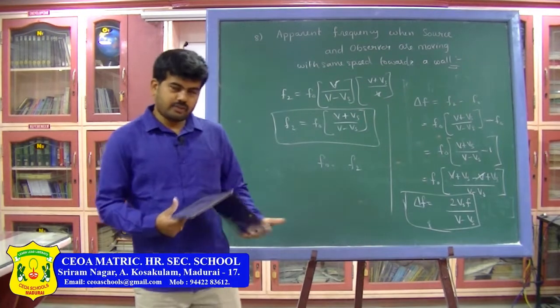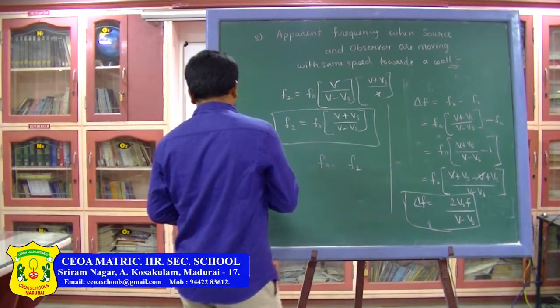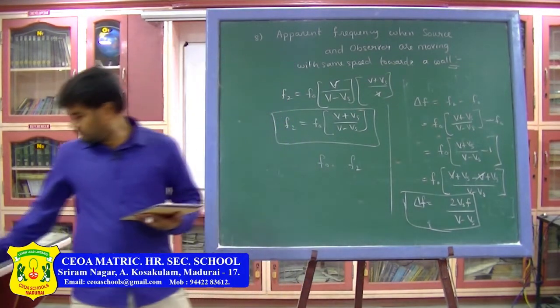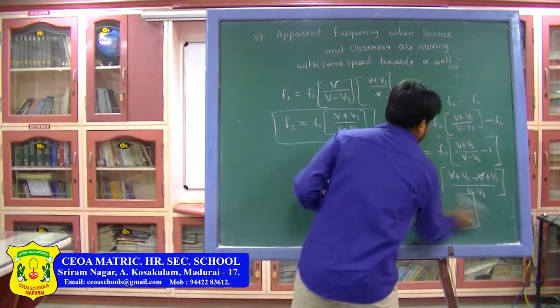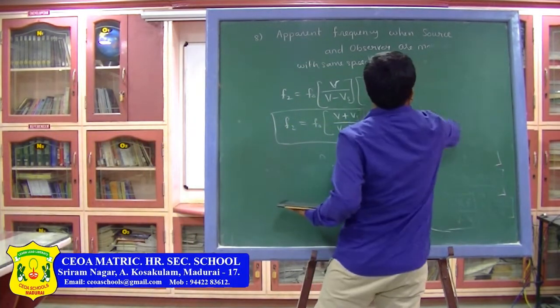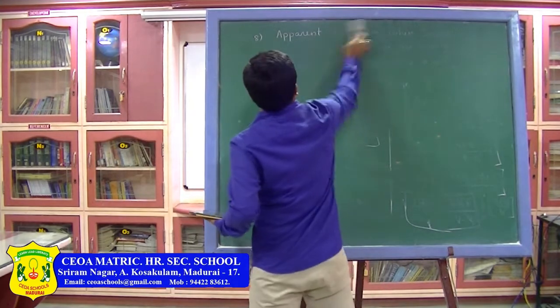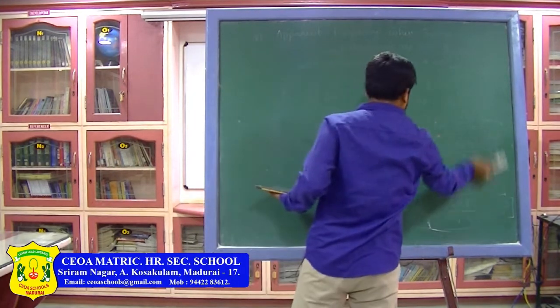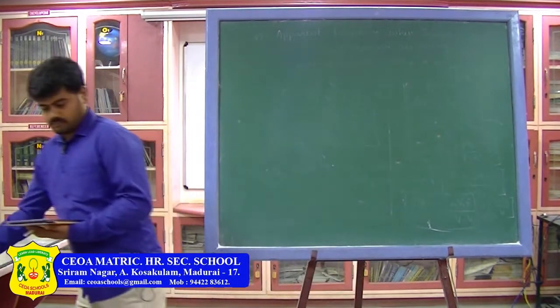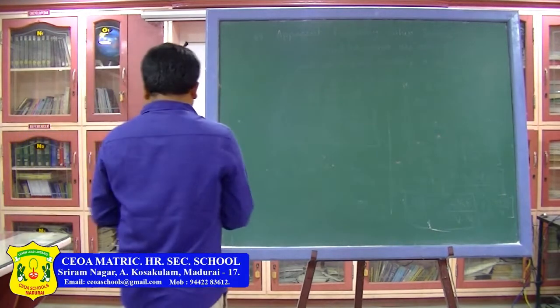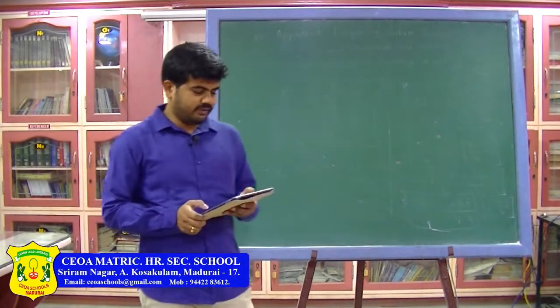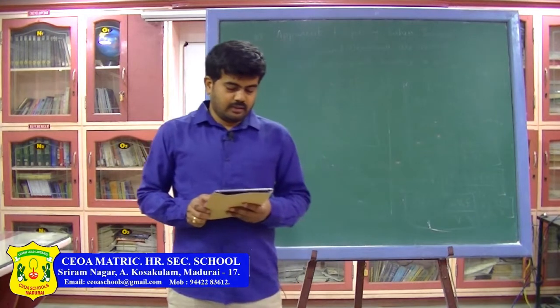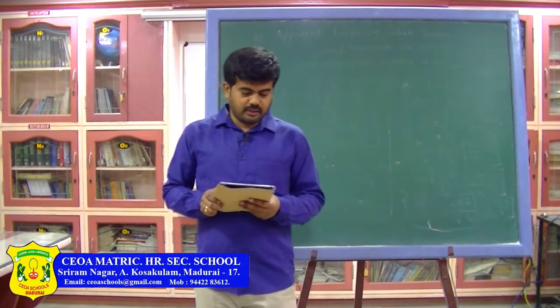The first question is, a railway engine moving with a speed of 60 meters per second passes in front of a stationary listener.